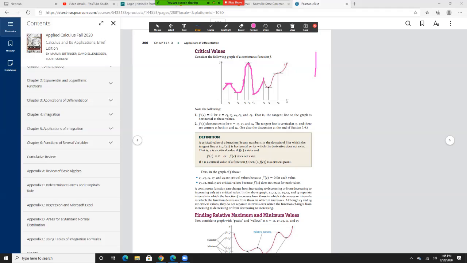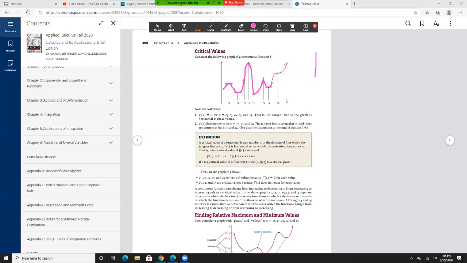We have a cusp here because the graph suddenly jerks into the opposite direction. In other words, it goes from a positive slope on the tangents suddenly to a negative slope that causes a cusp, which is undefined, and that makes C6 a critical value. And we have a 0 derivative at C7, which makes C7 a critical value.